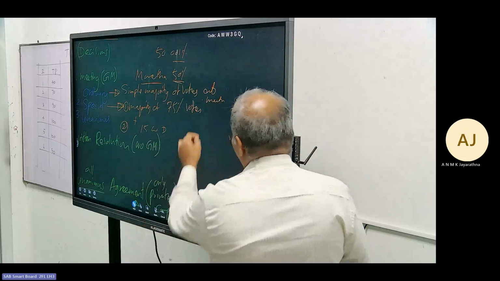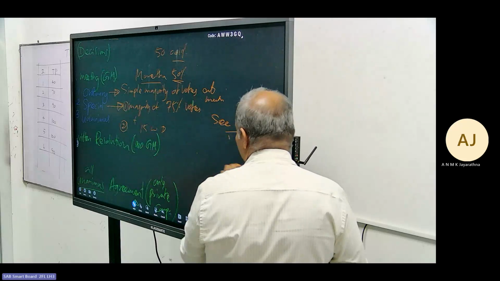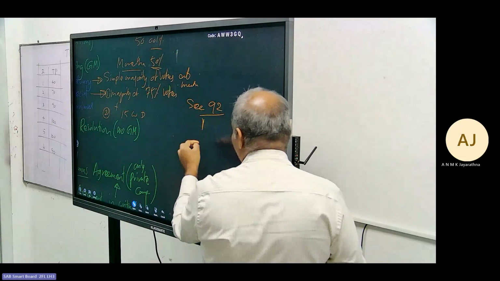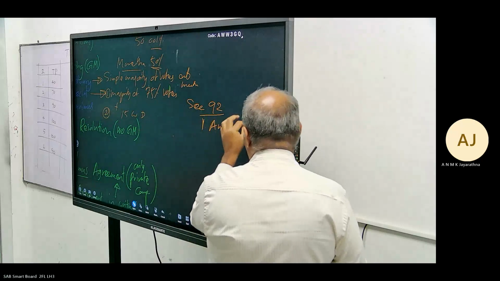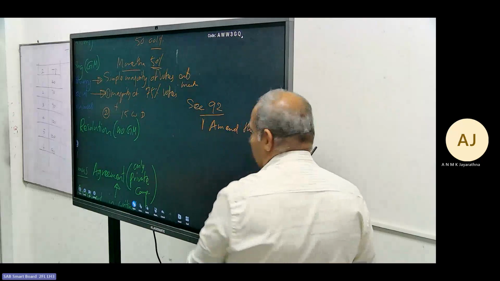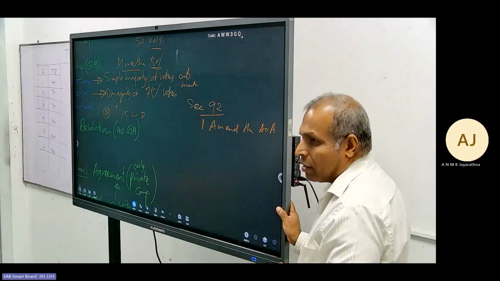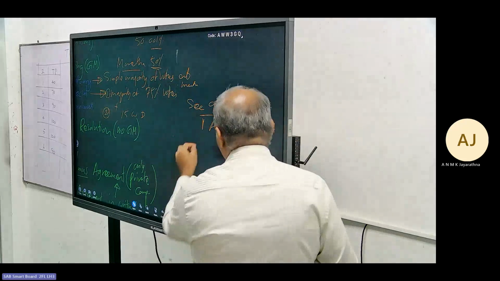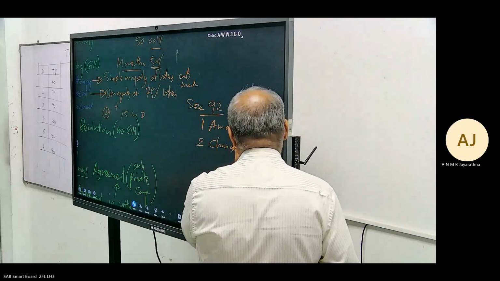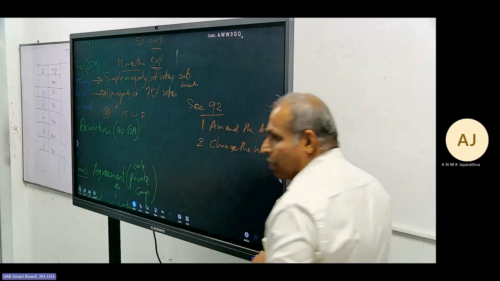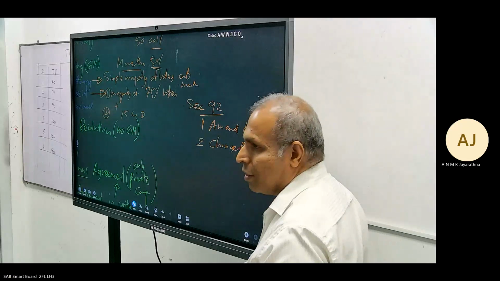According to section 92 of the Companies Act, amending the articles of association requires a special resolution. Changing the name of the company is another very serious one, and special resolution is required.